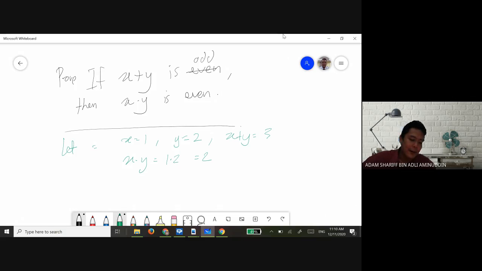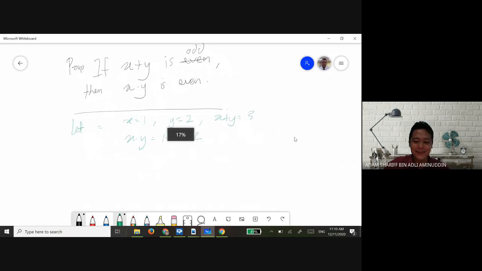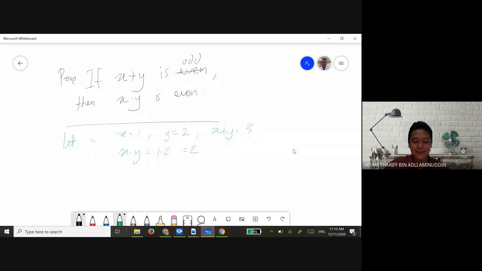Oh, saya dah dapat. Alright. Cuba lagi. Nanti saya tunjuk jawapan dia. Nanti kita rehat panjang. Perah kepala tu.